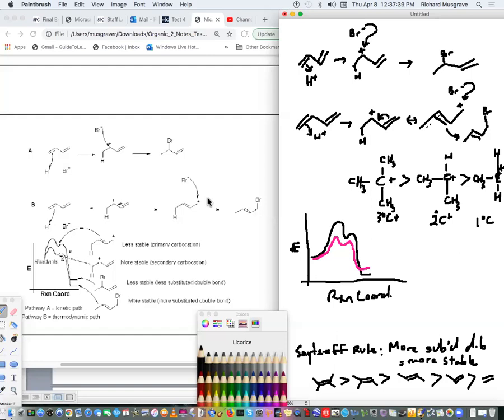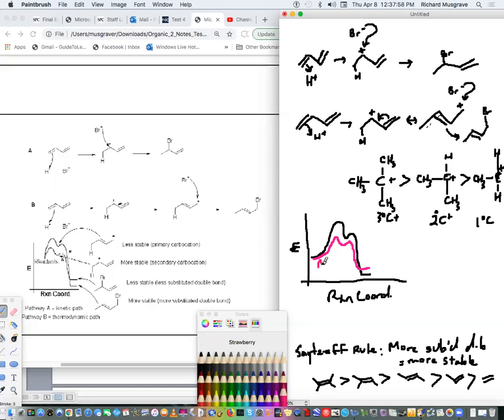So when drawing an energy diagram for this, the pink one is going to be this one. I'm going to call this one pathway A, because that's what I've done in the diagram.